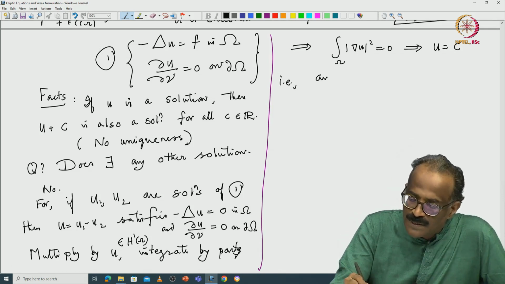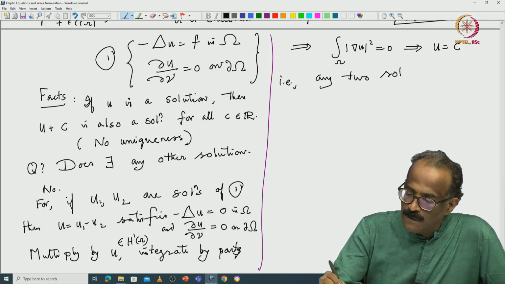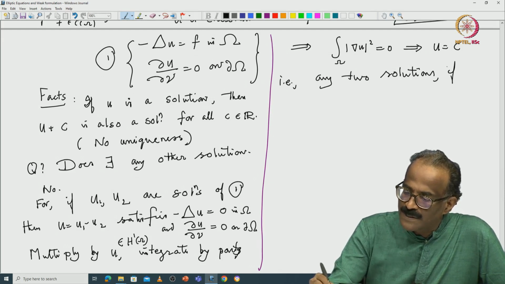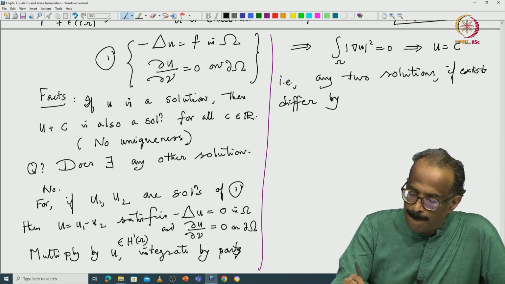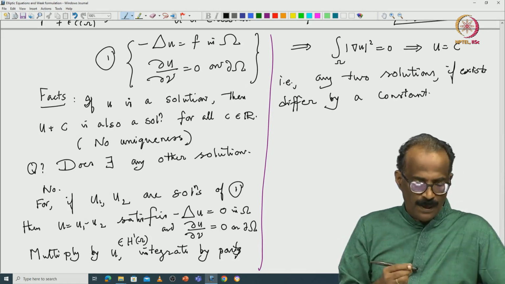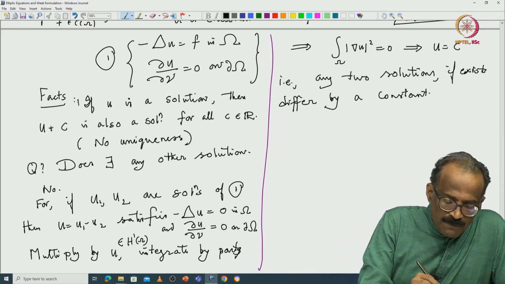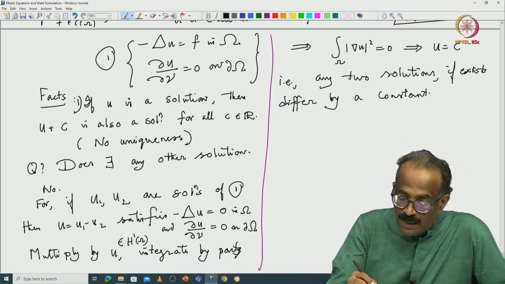Any two solutions differ by a constant. That is one fact to observe. Okay. That is one important thing first. So, you cannot look for solutions in H1 of omega.